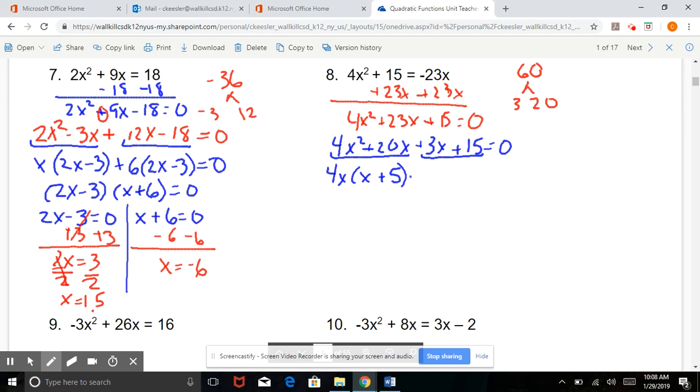From the second two terms, I can factor out 3, which leaves me with x plus 5 yet again, which is the goal, because 3 times x is 3x, and 3 times 5 is 15. Factor x plus 5, the common binomial factor, out, and that leaves us with 4x plus 3.